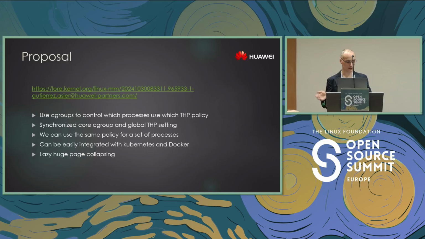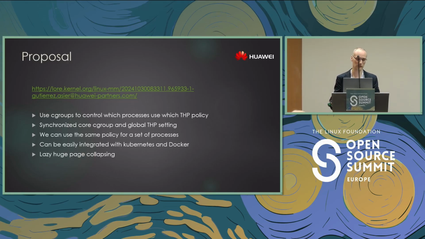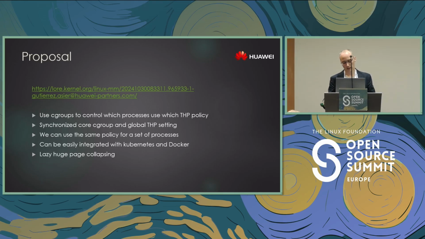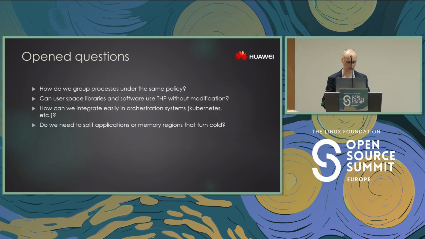It can be easily integrated into Kubernetes and Docker. The way we do it is with lazy huge page collapsing, like the khugepaged thread in Linux. We just add a slot there, and it will collapse eventually, asynchronously.